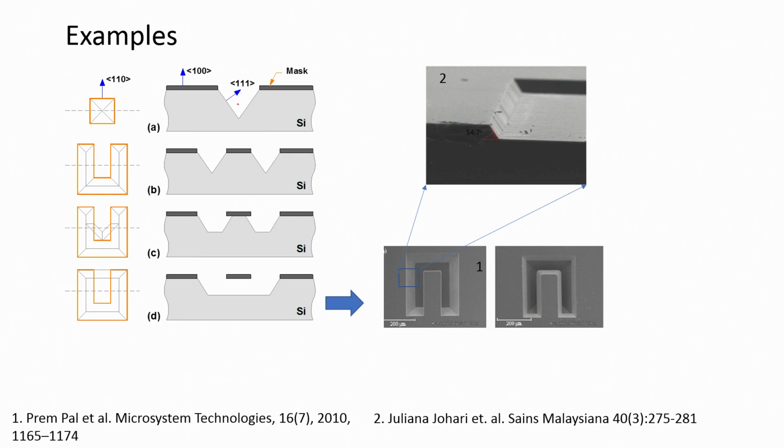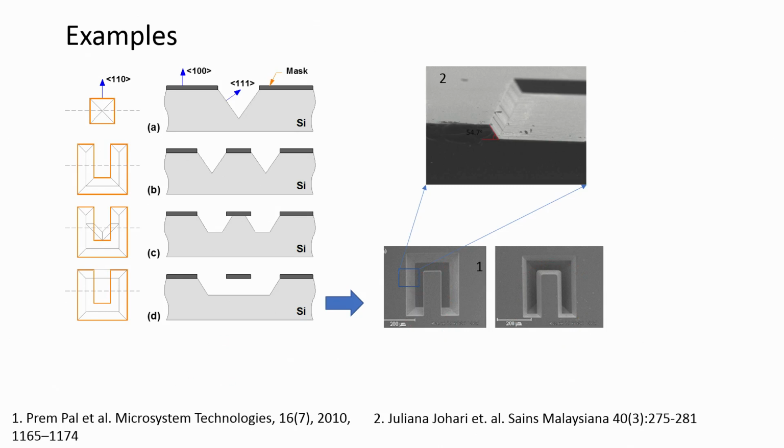If you see the example here, you can see V groove, pyramid or truncated pyramid, and these are cantilevers which are released. You can see here a completely released cantilever. This is taken from Microsystem Technologies, written by Prempal et al. This is just a schematic diagram.